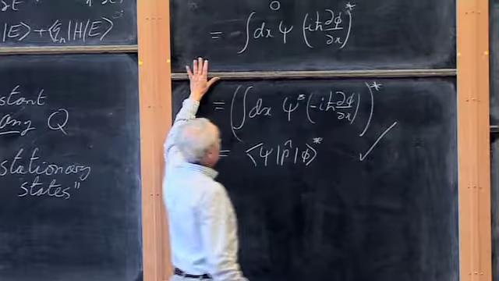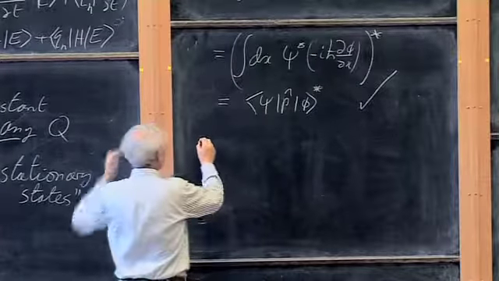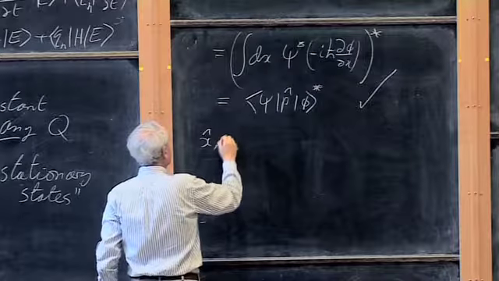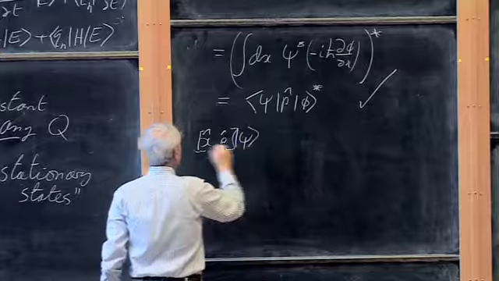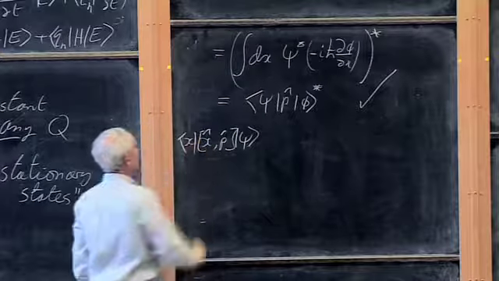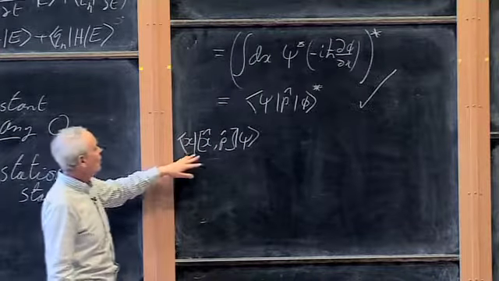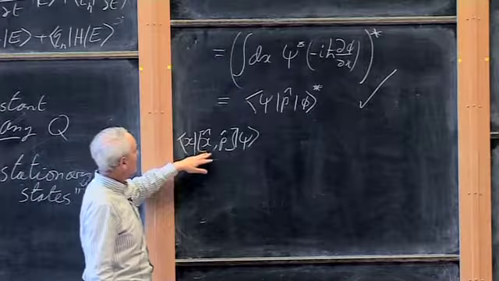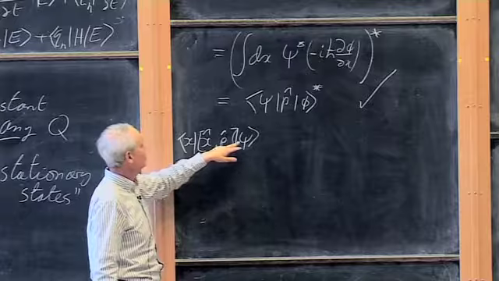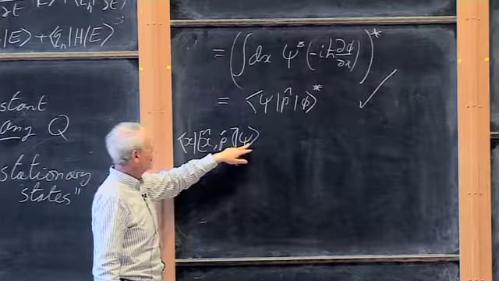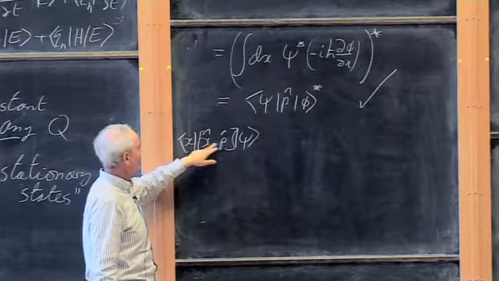One more. Okay, let's calculate the commutator x hat comma p hat. We're going to calculate it like this. So what we're going to do is calculate the action. What we know at the moment is the action of p hat on any wave function, and we know the action of x on any wave function.